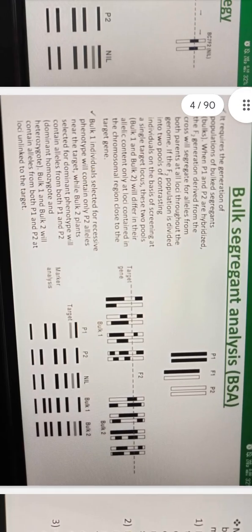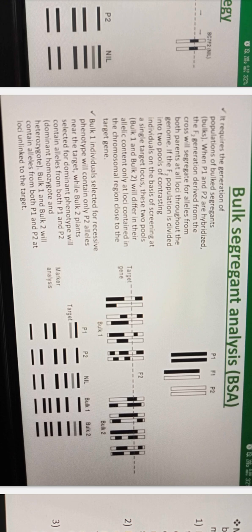Then bulk segregant analysis, or BSA. It requires the generation of populations of bulked segregates, bulks, where P1 and P2 are hybridized. The F2 generation derived from the cross will segregate for alleles from both parents at all loci throughout the genome. If the F2 population is divided into two pools of contrasting individuals on the basis of screening at a single target locus, these two pools will differ in their allelic content only at loci contained in the chromosomal region close to the target gene.